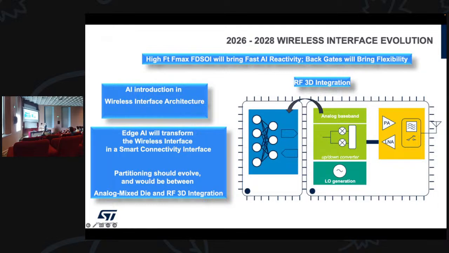Then the up-down conversion, for the moment, the architectures are not completely rethought. And for the signal processing, to reduce the constraints on the converters, we have to rethink completely the architecture.